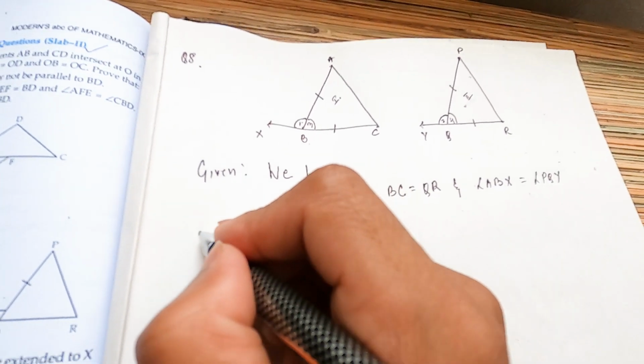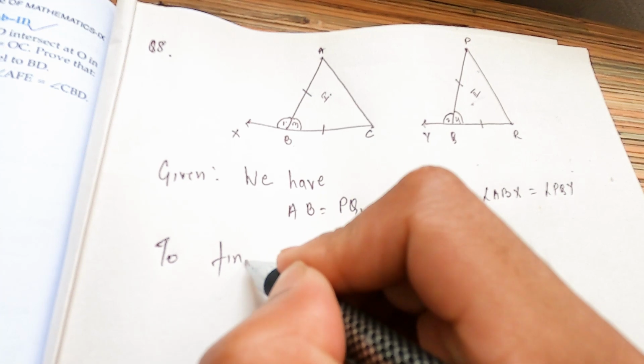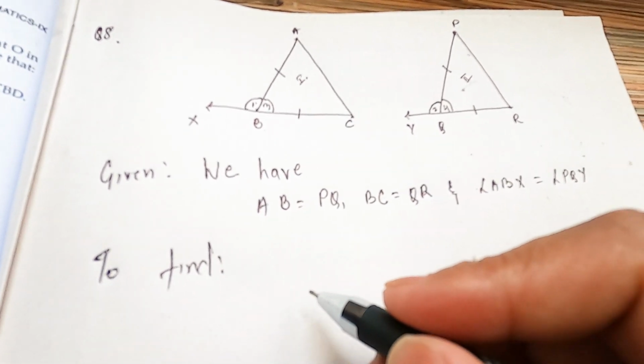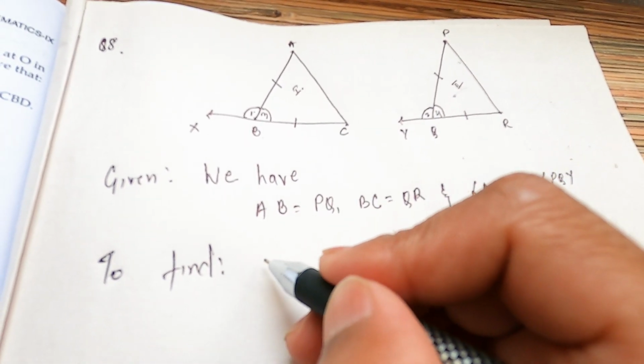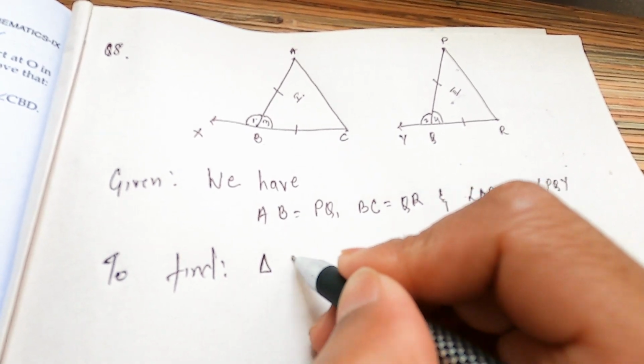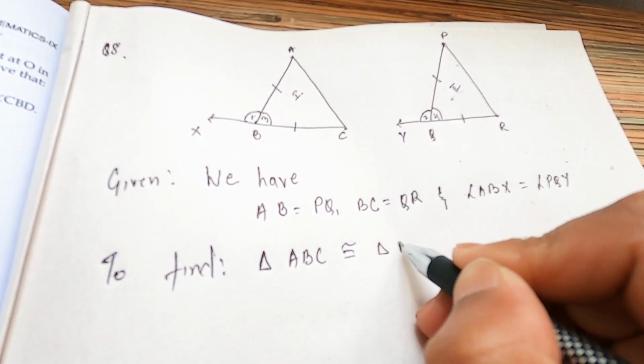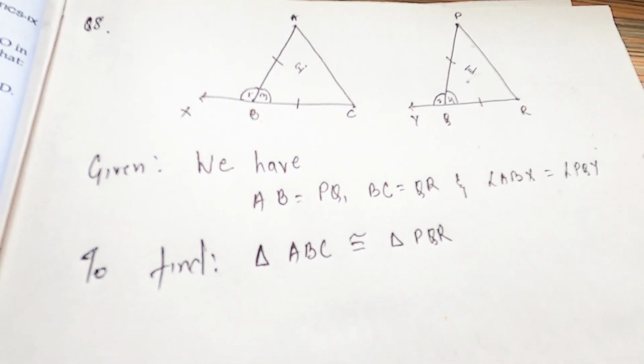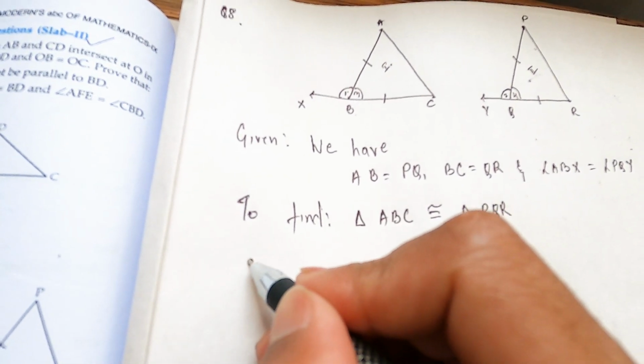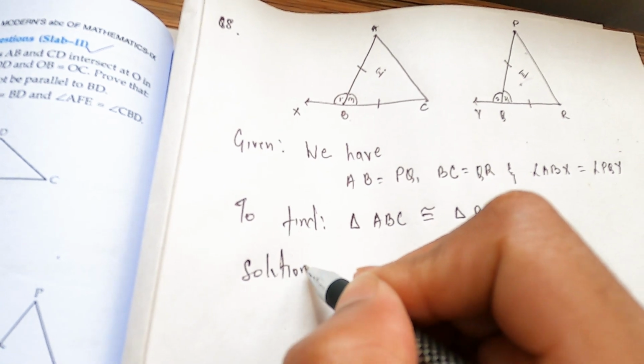Then to find, what do we have to find? In this case, we have to show that triangle ABC is congruent to triangle PQR. All right, so solution.